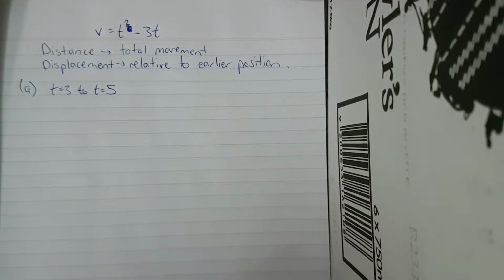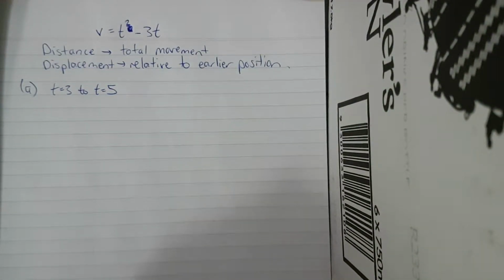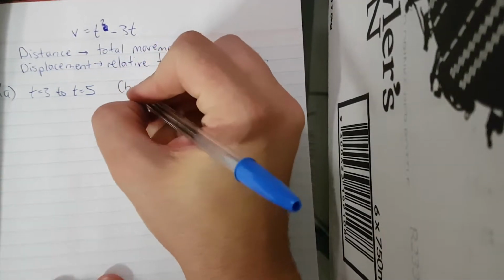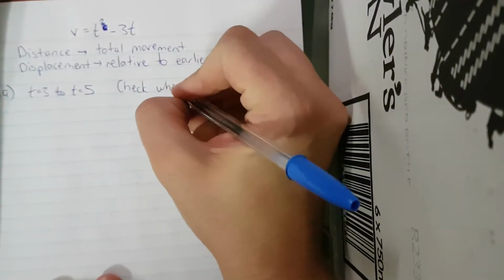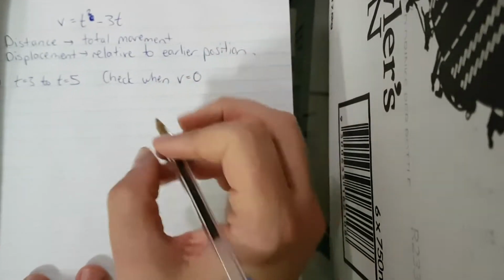I'm going to check where the velocity is 0, because when it crosses over a point where the velocity, which is similar to speed, is 0, someone could start moving forwards or backwards. It can signify a change in direction. We just have to be very careful about moments where the velocity hits 0. So check when the velocity is 0.